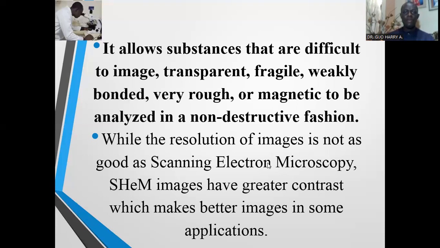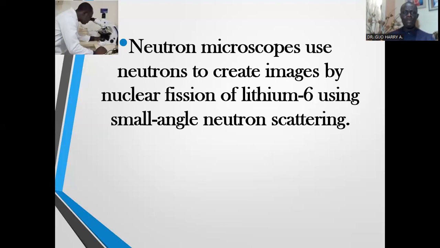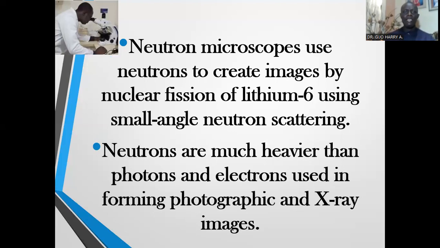Now, I want to look at the neutron microscope. The neutron microscope is quite different from the helium microscope. Neutron microscopes use neutrons to create images by nuclear fission of lithium-6 using small angle neutron scattering.